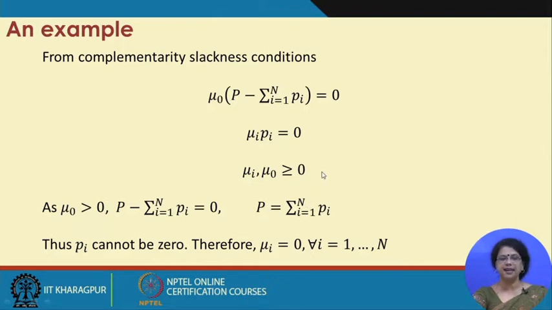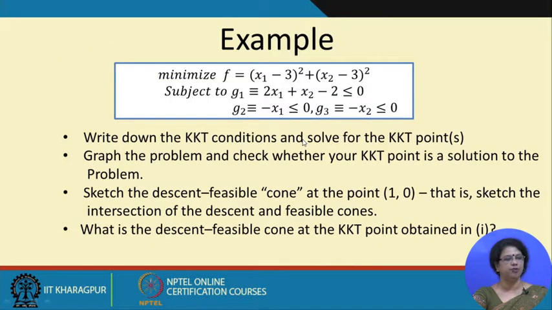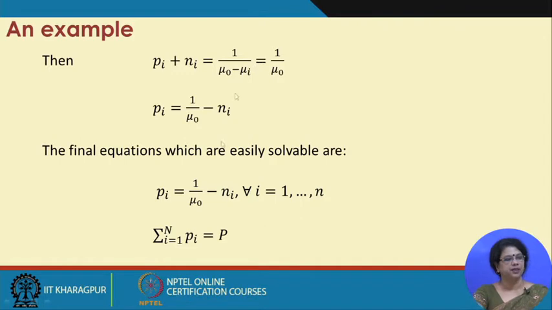I suggest that you do the calculation by hand and try to get the solution, and the solution will come as this: Pi is equal to 1 by mu naught minus Ni, alright. And we can see that this solution satisfies the constraint as well.